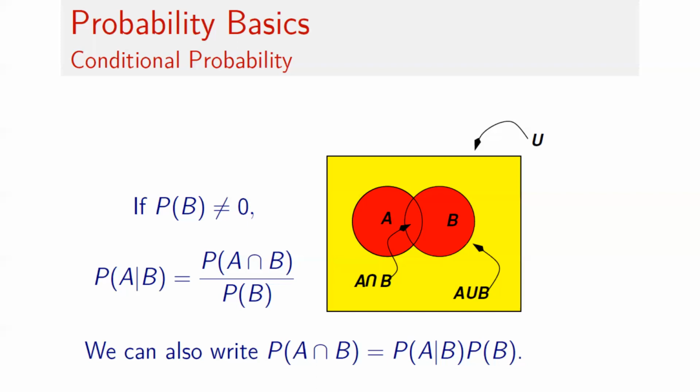So the conditional probability is the probability that capital A has occurred since we know that capital B has occurred.